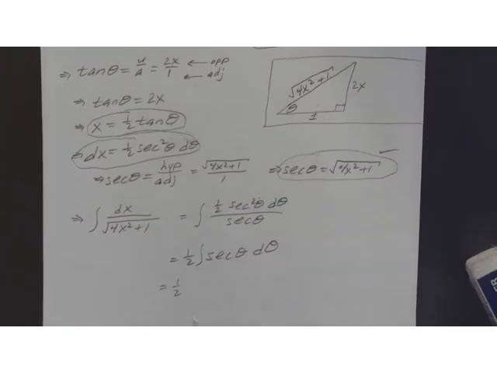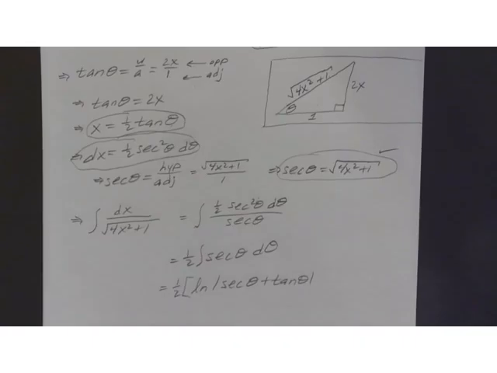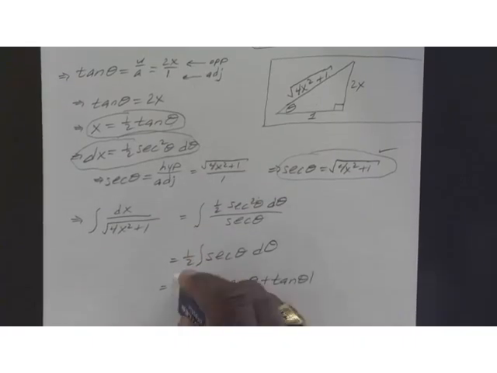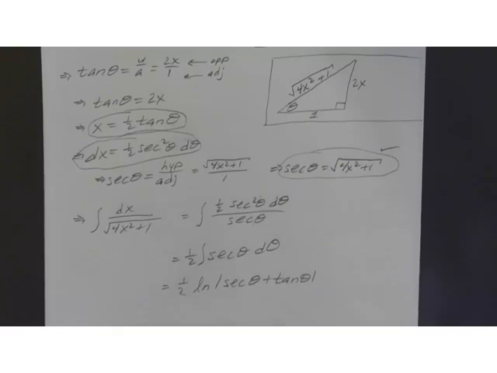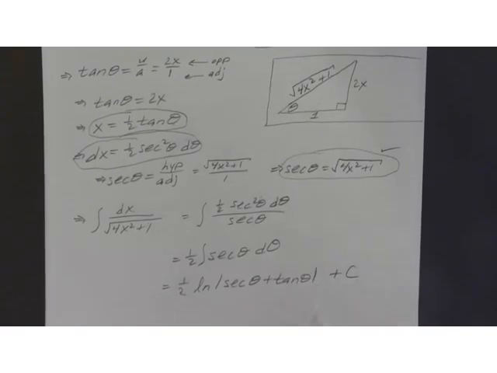Okay, well, we know that the integral of secant theta is the natural log of secant theta plus tangent theta. Actually, didn't even need this parenthesis here because I'm not going to distribute it to my plus c. So we can just keep that as 1/2. And then just put the plus c.